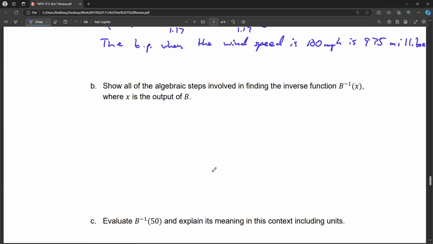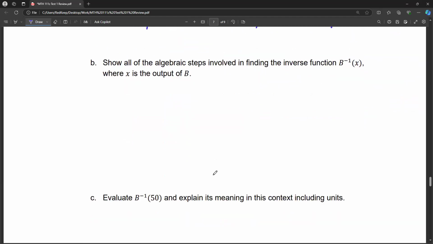And they ask us to show all of the algebraic steps involved in finding the inverse function, B inverse of x, where x is the output of B. Okay, so we might start by observing what was told, that B of W is equal to 1,220 minus W over 1.17.